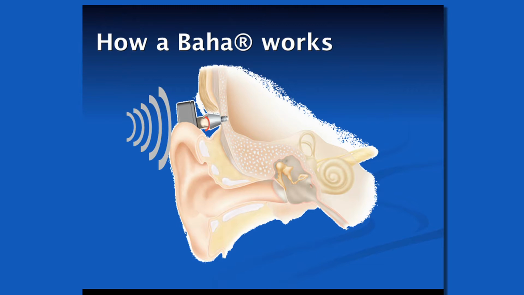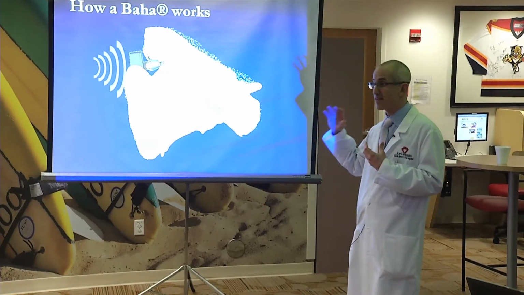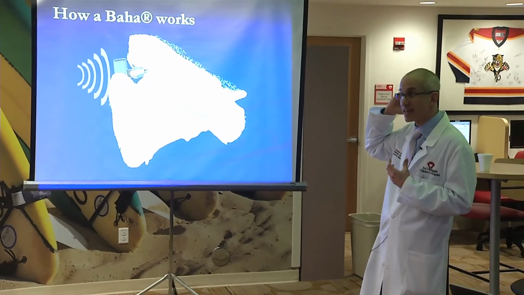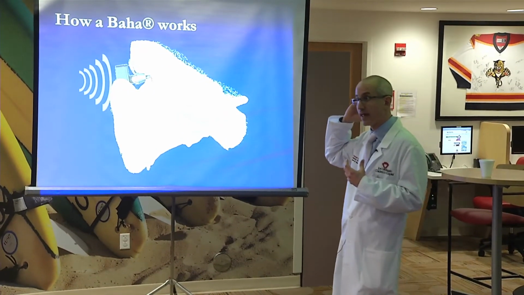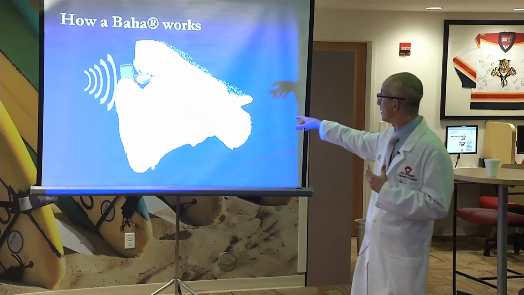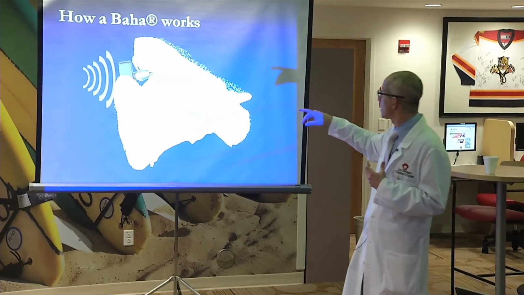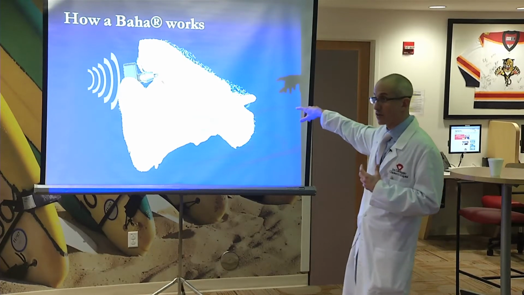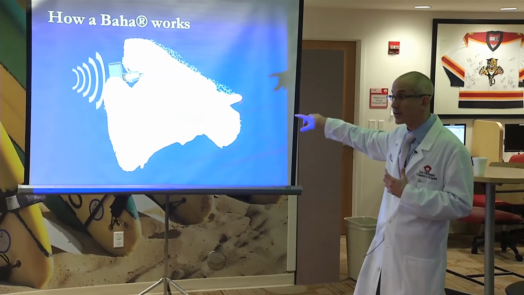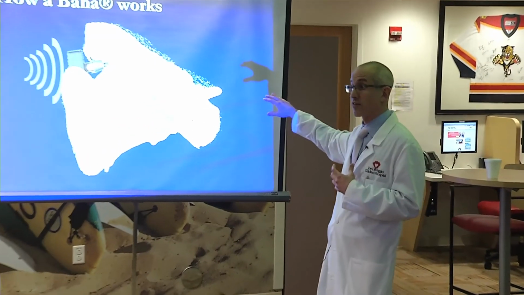But basically the way it works is that there is a sound processor which receives the sound just like a sound processor on a hearing aid does, but instead of amplifying the noise, it creates a vibration which sends that vibration through the scalp in an infant, okay, to the bone, to the inner ear. And then that sends the sound through along the normal hearing apparatus and the cochlea to the hearing nerve.